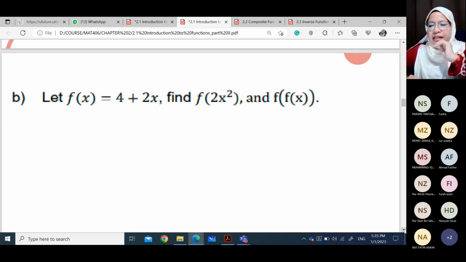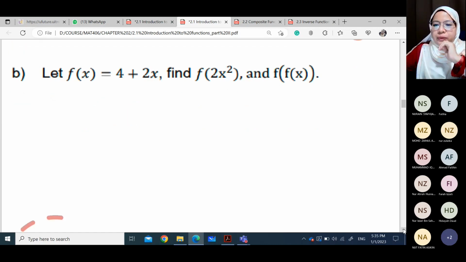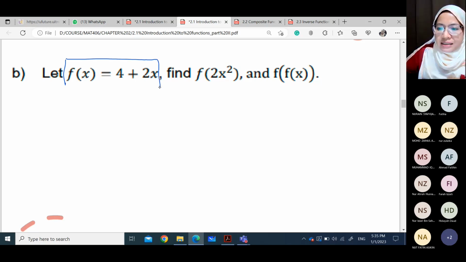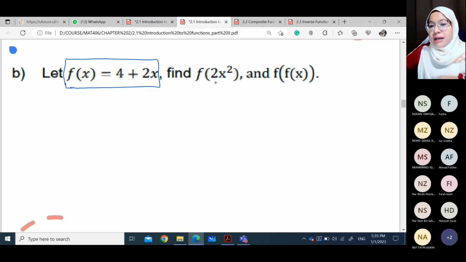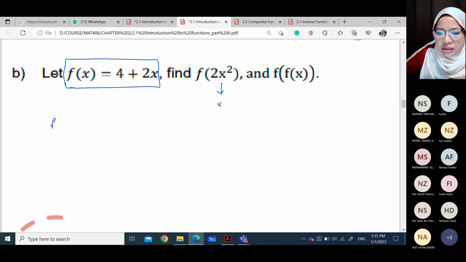Okay. Alright, so next kita tengok example 2b. So let our function here is 4 plus 2x. So the question asks you to find f of 2x squared. So yang ini adalah x lah. Just gantikan saja. So f of 2x squared, it is equivalent with 4 plus 2 times x, where x is 2x squared.